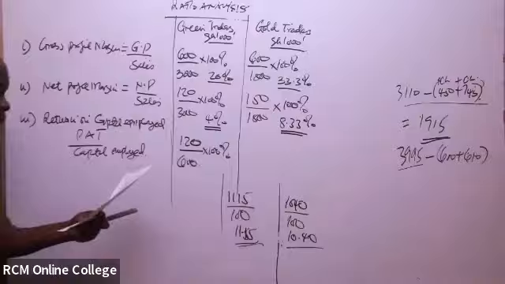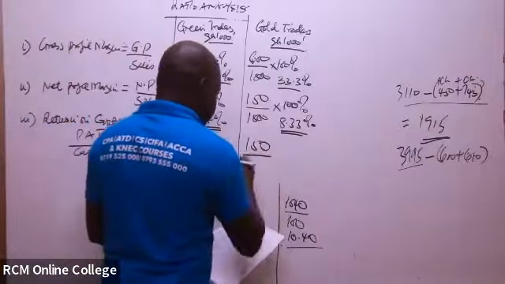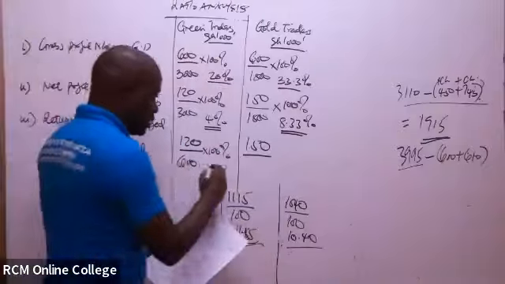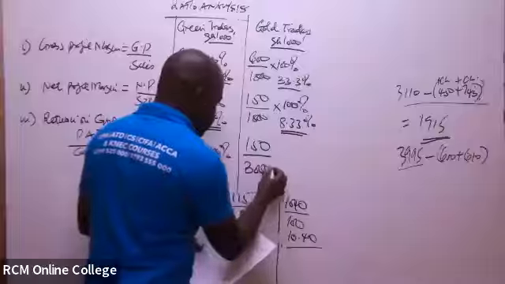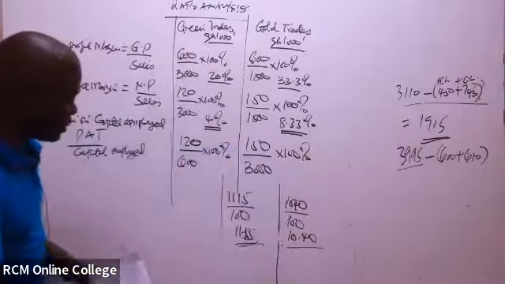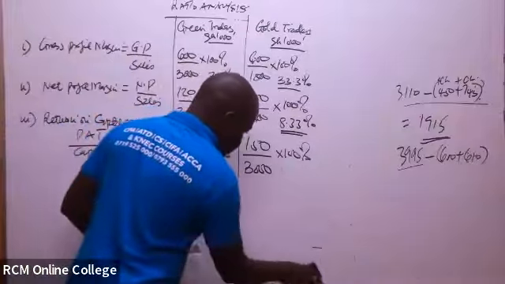So it is 120 over 600 times 100%. For this other one, the profit is 150, divided by 3 million, so 150 over 3,000 multiplied by 100%. Therefore, you should be able to get the figures there.